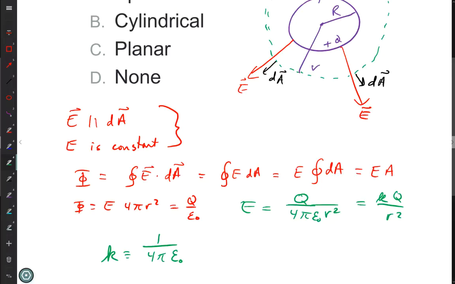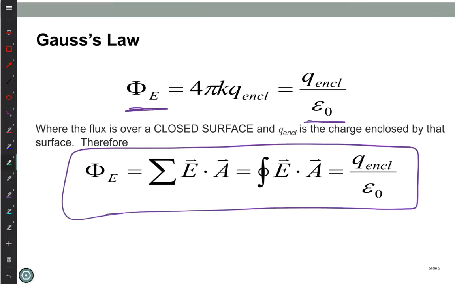Oh, okay. Could you do the step in between there? There actually is no step in between because it's charge enclosed over epsilon 0. That's the equation. And so I'll just go back to the equation.